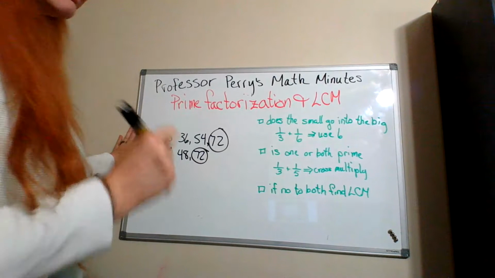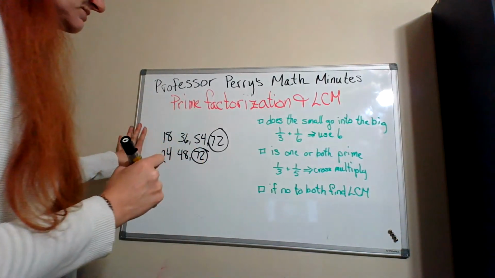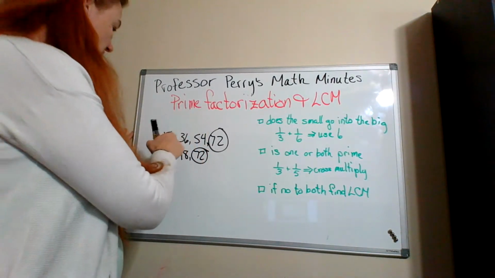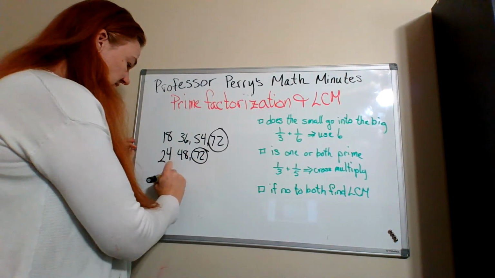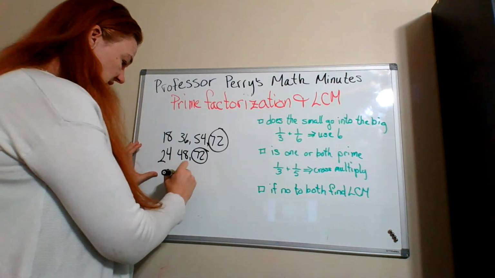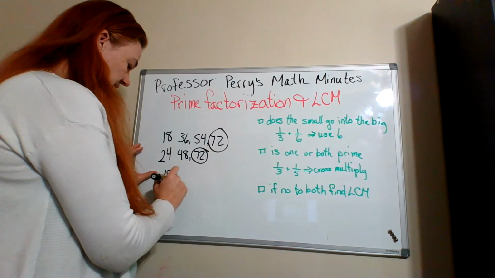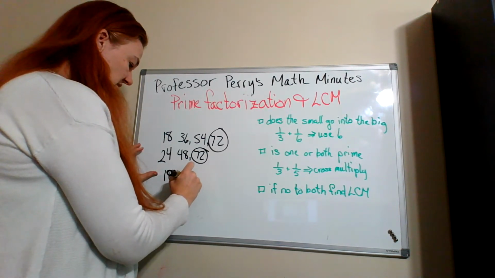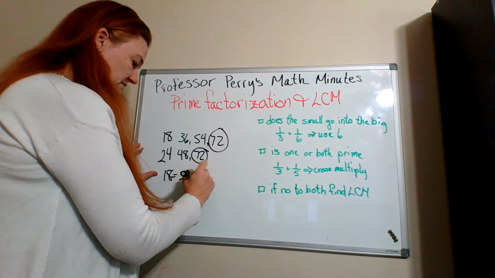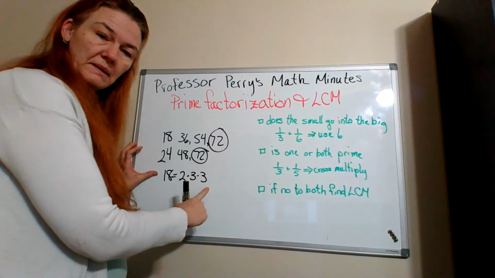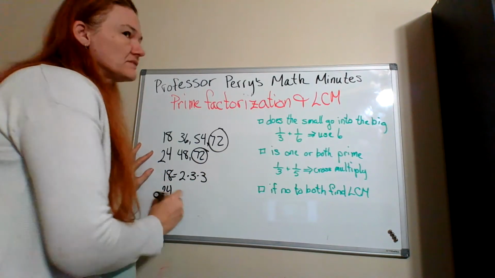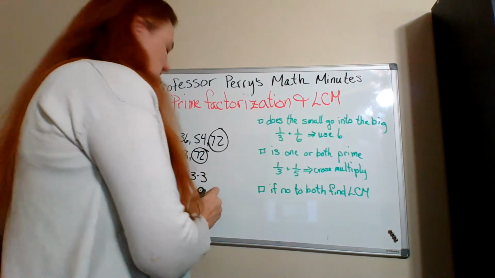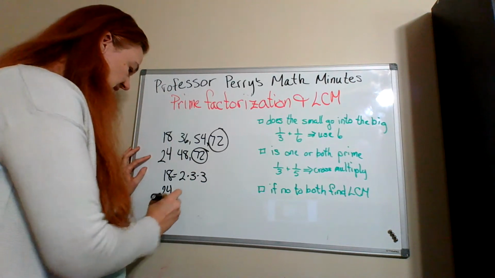The other way, the way I like to do it, is you're going to use the prime factors. So if I break 18 down into its prime factors, that's going to be 2 times 9, and 9 is 3 times 3. 24 is 3 times 8.